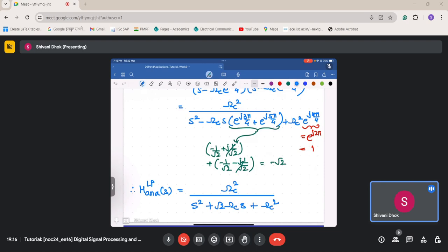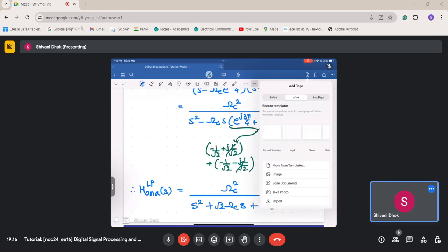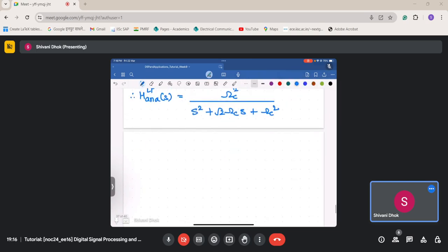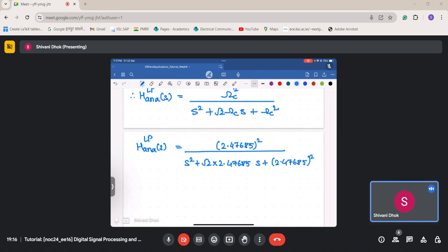Now let us substitute the value of omega c which we found. H analog of s low pass filter is equal to 2.47685 square divided by s square plus root 2 into 2.47685 s plus 2.47685 square.